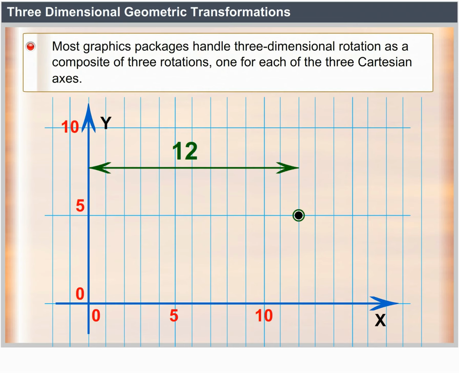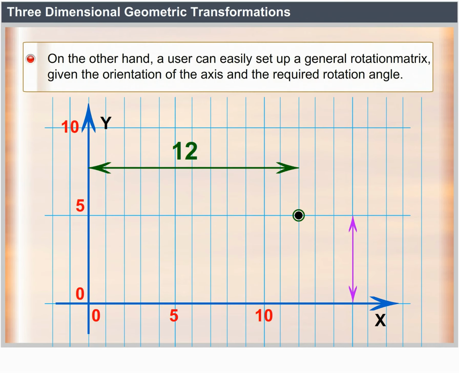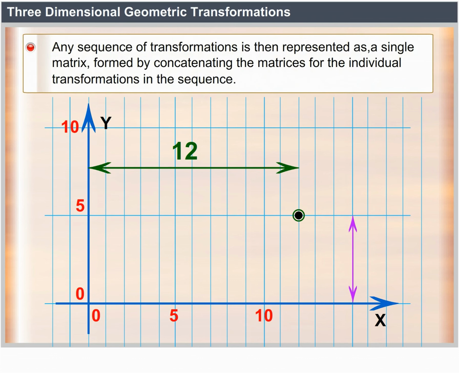Alternatively, a user can easily set up a general rotation matrix given the orientation of the axis and the required rotation angle. As in the 2-dimensional case, we express geometric transformations in matrix form. Any sequence of transformations is then represented as a single matrix formed by concatenating the matrices for the individual transformations in the sequence.